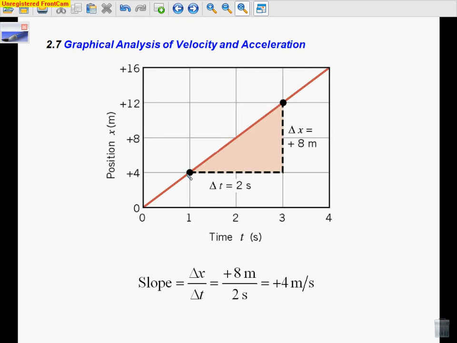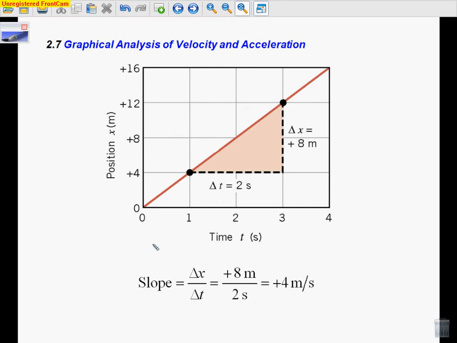Alright, so here we see that we've got 2 data points plotted, and we've drawn a straight line through them, creating a slope. If we find the slope of this line, as they're doing down here, we would plug in the change in x, because that's what's on our y-axis, divided by the change in t.